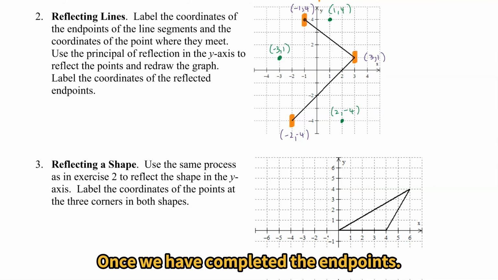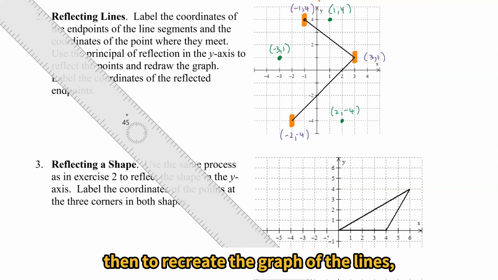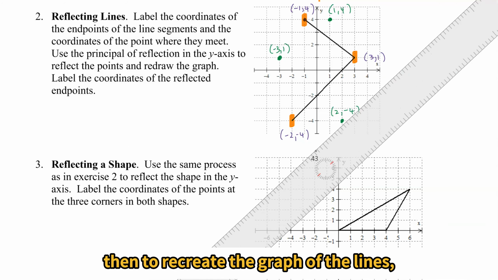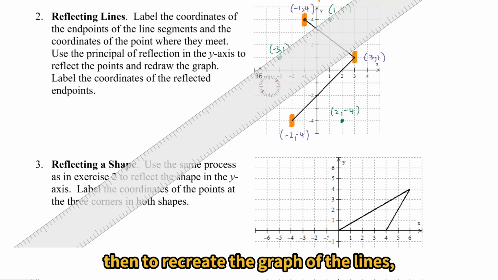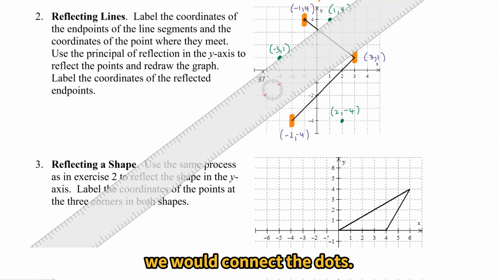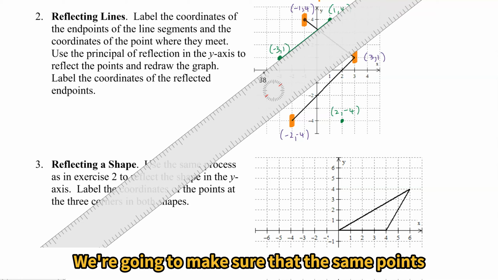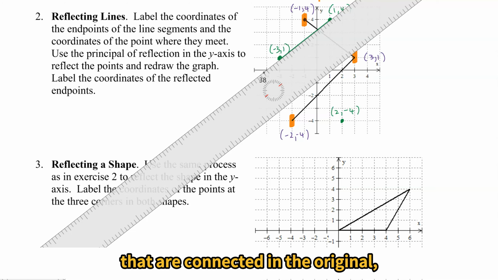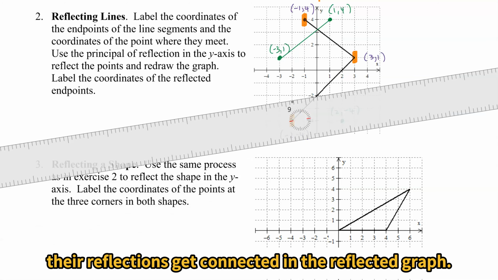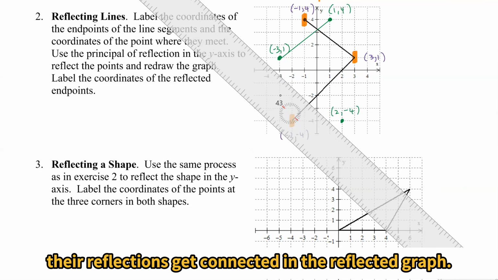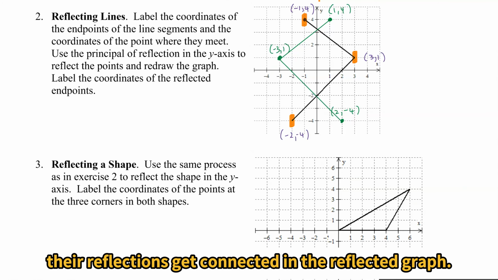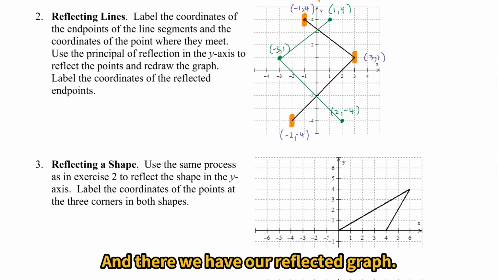Once we have completed the endpoints, then to recreate the graph of the lines, we would connect the dots. So we're going to make sure that the same points that are connected in the original, their reflections get connected in the reflected graph. And there we have our reflected graph.